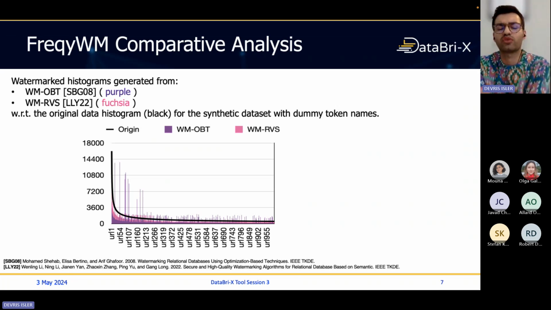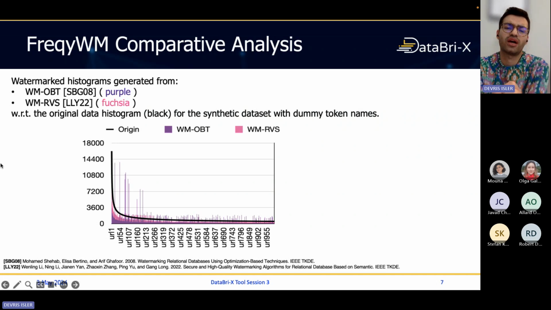Again, as I said, watermarking is always there, so we are not really proposing a new term. But our benefit was different: Databrix enables comparing with the other solutions, how they perform, and why the Databrix watermarking, which is based on FreeKVM, outperforms other solutions.